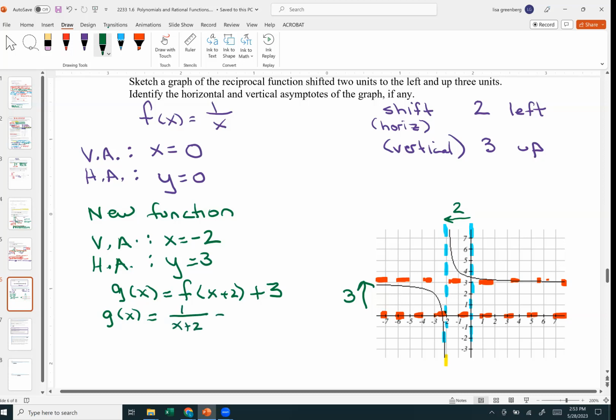2 plus 3. And if I want to write it as one fraction, we get a common denominator, which is x plus 2. And we can combine our numerators now.